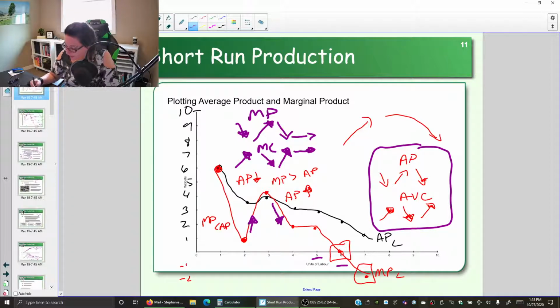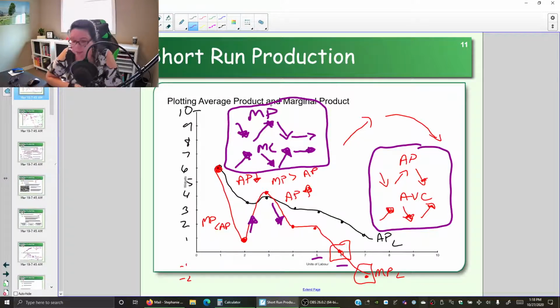So if there's this relationship between average product and average variable cost, and this relationship between marginal product and marginal cost, we also know there's a relationship between marginal product and average product. If the marginal is below the average, it pulls it down. If the marginal is above the average, it pulls it up. So that means that there's a relationship between marginal cost and average variable cost as well.